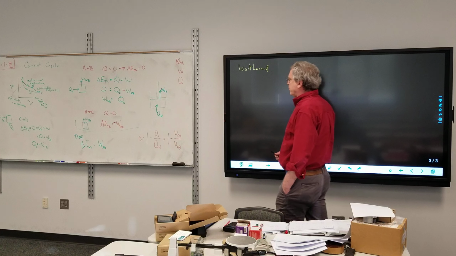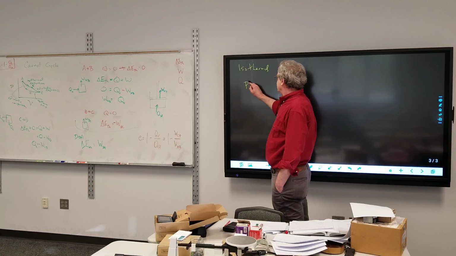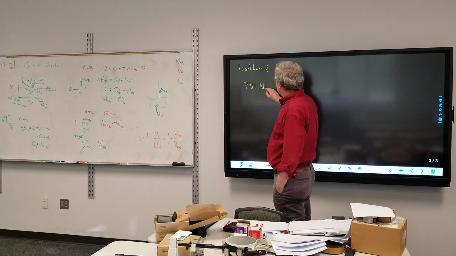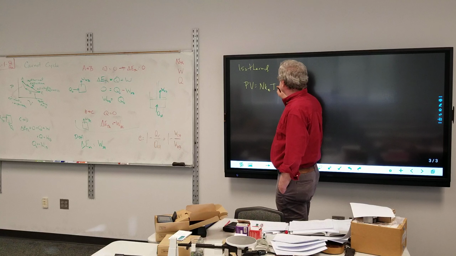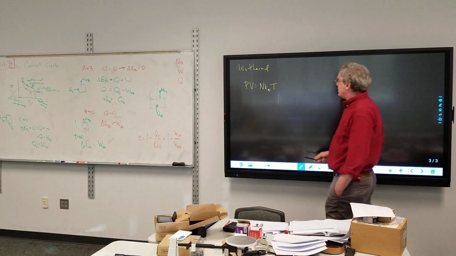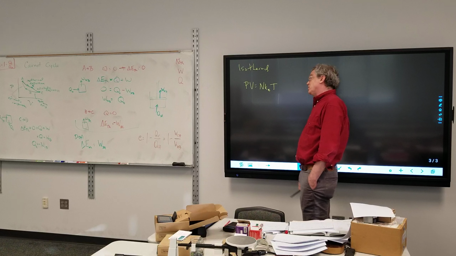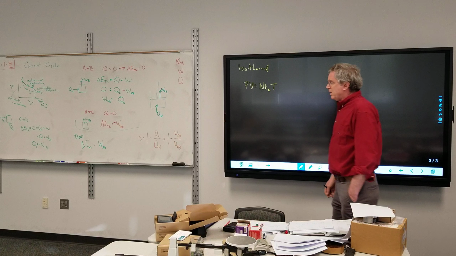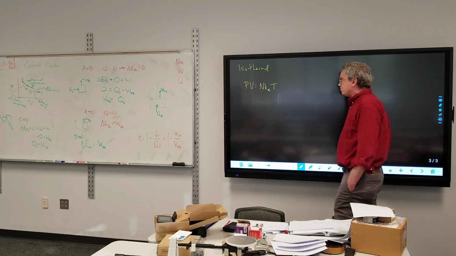So in an isothermal process, I know PV is equal to, doing the physics version, N times Boltzmann's constant times temperature, where N is the number of particles involved. We are assuming, obviously, an ideal gas.